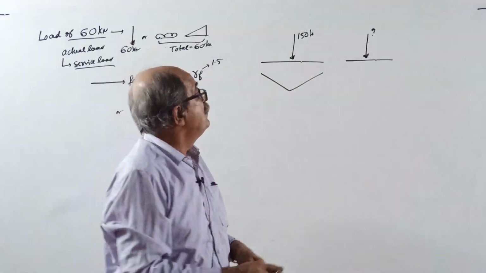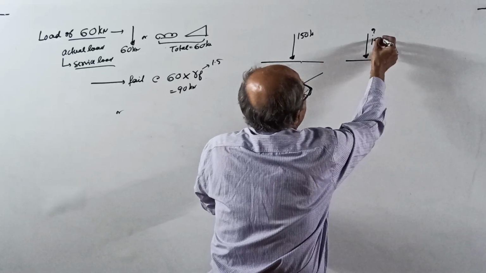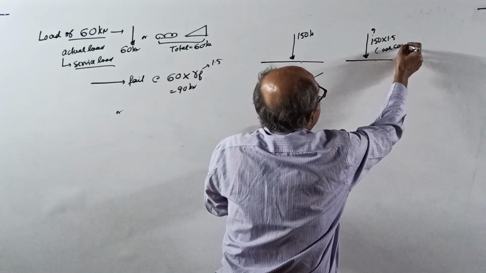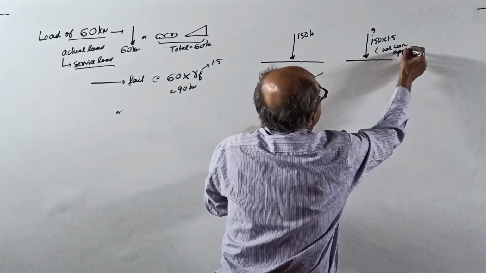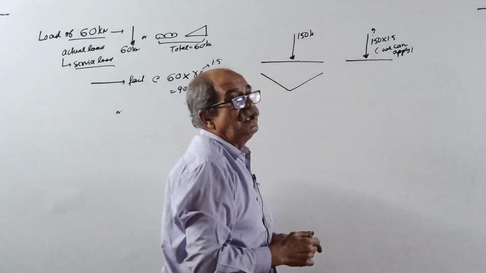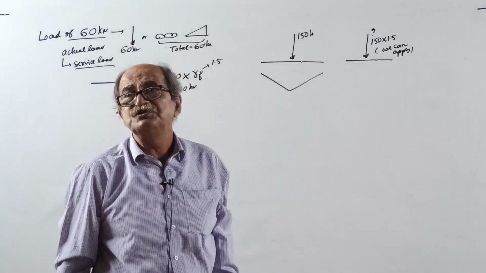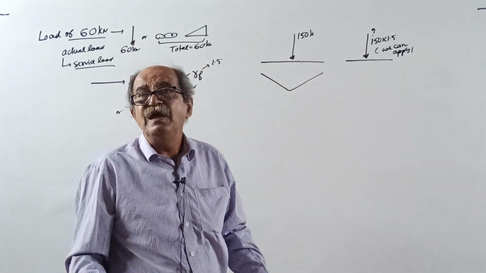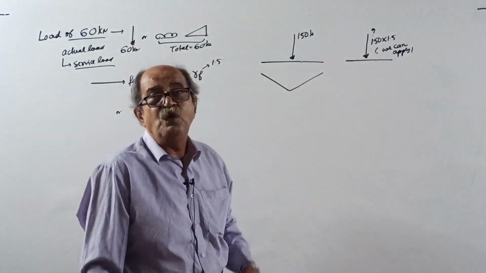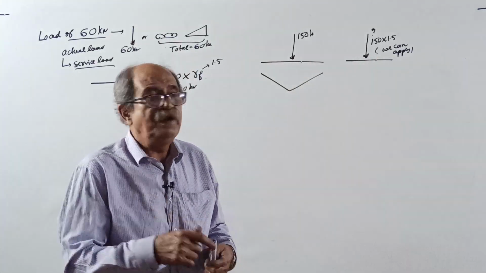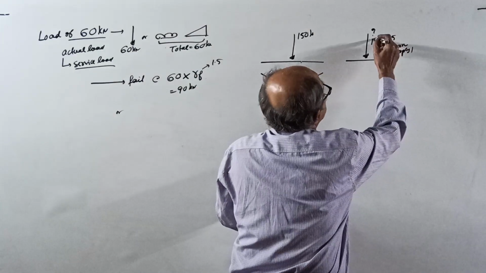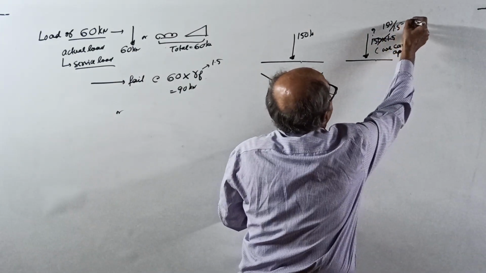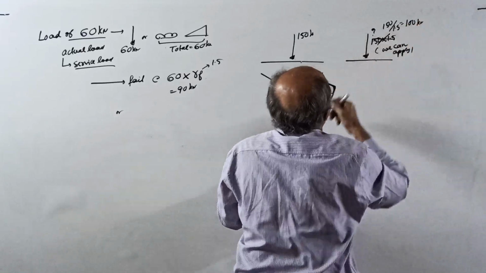Then how much can I apply? 150 into 1.5? The moment I write this, all students will say, no sir. Why? Sir, you told it will fail at 150, how can you apply 225 kilonewton? For safety it is not into, sir. It is 150 divided by 1.5, equal to 100 kilonewton only.